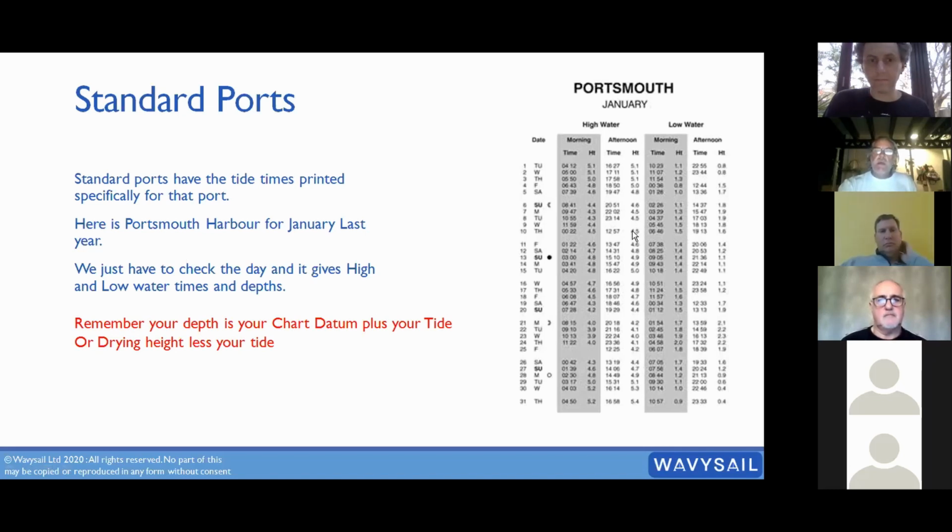That means at chart datum, that literally your chart datum needs to be 0 on that day. Otherwise it will be deeper because it'll be the chart datum water, or shallower because it's a drying height.